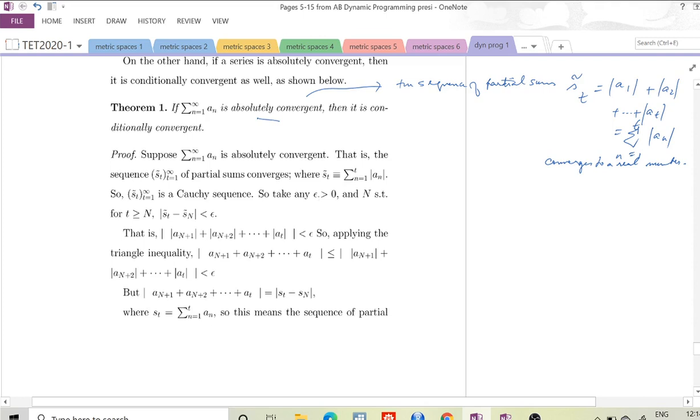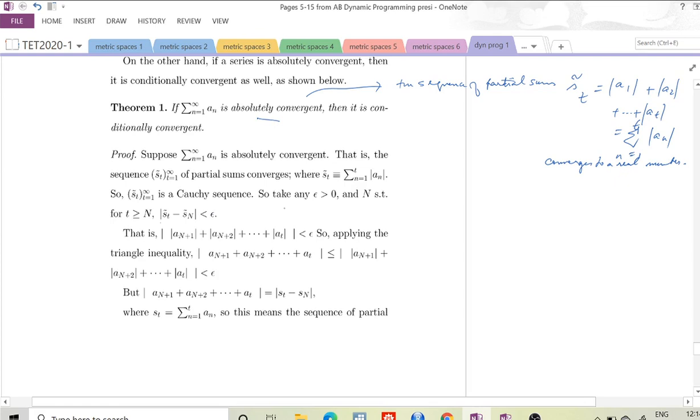If we take any arbitrary epsilon greater than 0, no matter how small, there exists eventually a capital N such that with two indices, any t greater than or equal to capital N, we'll have that the difference between S tilde t and S tilde n, assessed in absolute value, is less than epsilon, right?